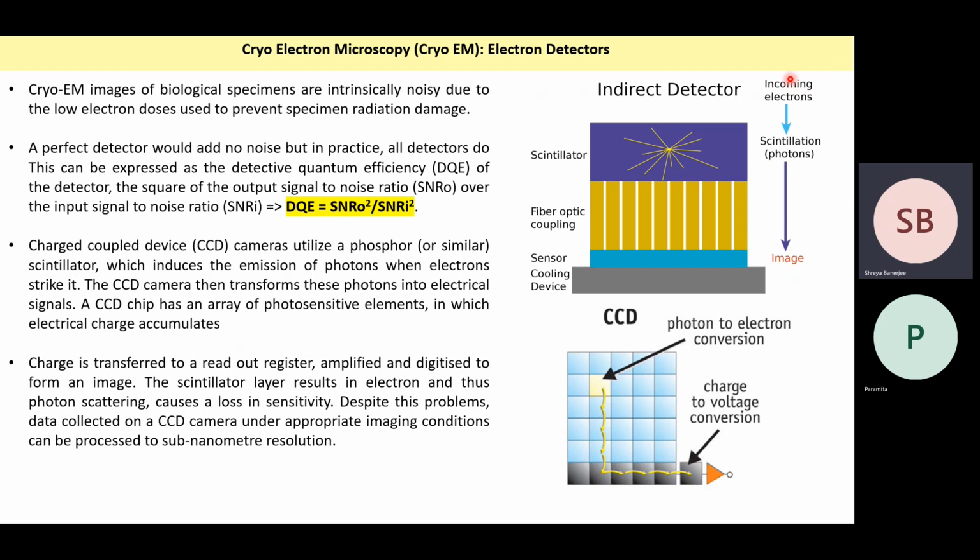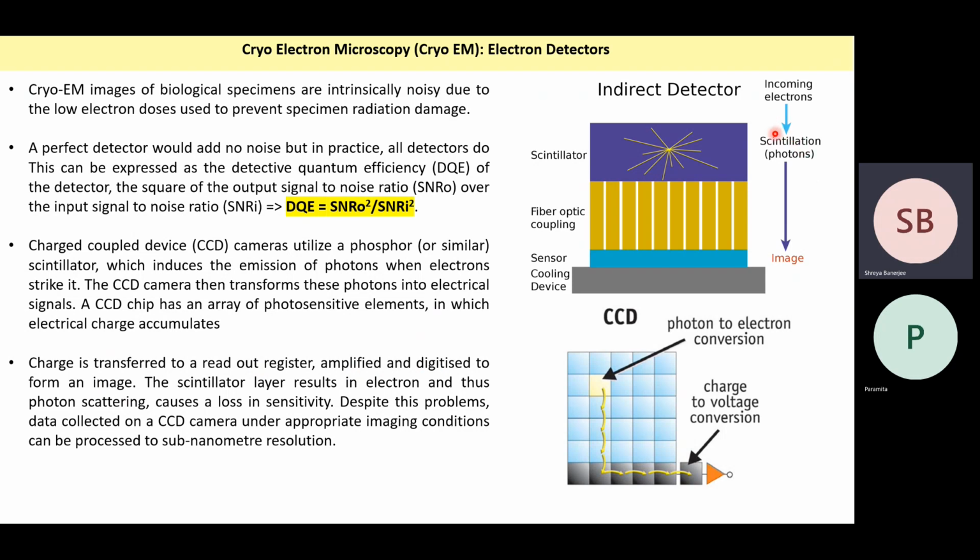These photons are converted into electrical signals, and that electrical signal passes through the CCD to the final detector, where the charge is read out, amplified, and digitized to form an image.